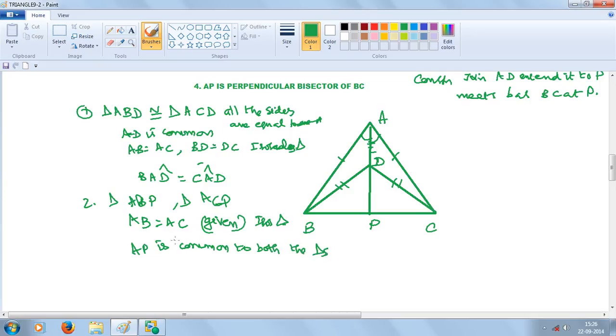And what about angle BAP? Angle BAD or BAP is the same. BAP is equal to angle CAP. Now we will apply the SAS congruence rule. So by the SAS congruence rule, triangle ABP is congruent to triangle ACP.